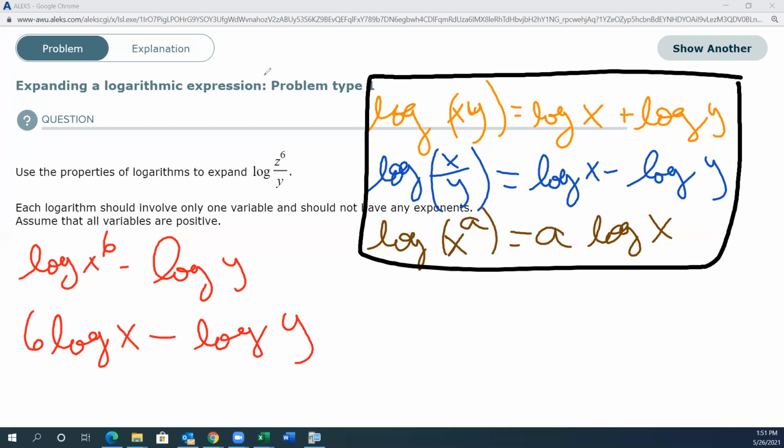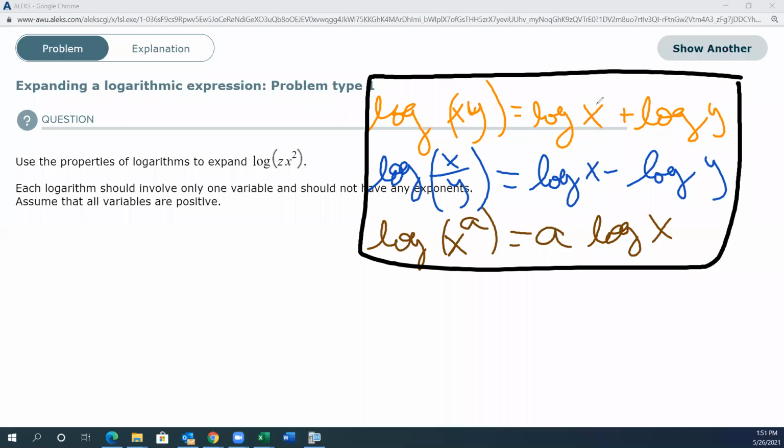Let's see if we can find something just a wee bit trickier. Well, they don't get too much trickier on this topic, but they will in just a few moments. Okay, so this one, I don't see any division or subtraction between logs, so that rule we're not going to need. But I do see an exponent, so I'll need that exponent rule. And I also see that z is being multiplied by x squared, so I'm going to need that rule.